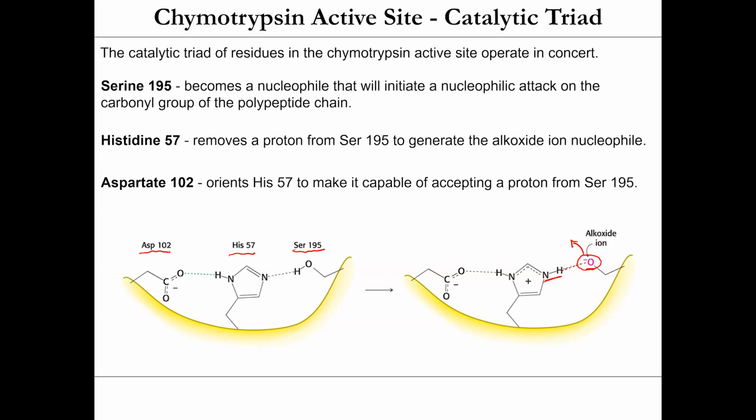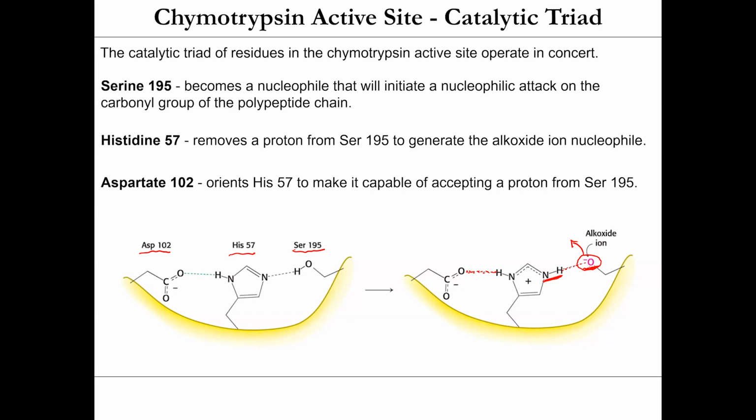What aspartate 102 does is sort of just aid this happening. It orients histidine 57 to make it capable of accepting a proton from serine 195. The ability for histidine to accept that proton from serine 195 is aided by this interaction right here from aspartate 102.